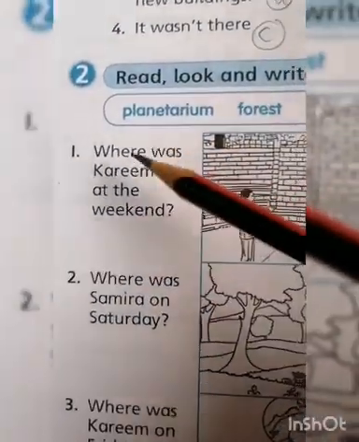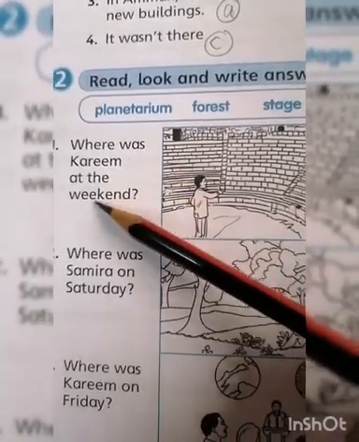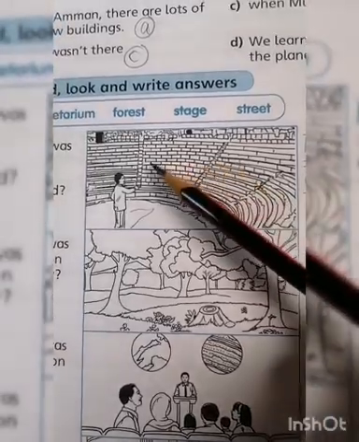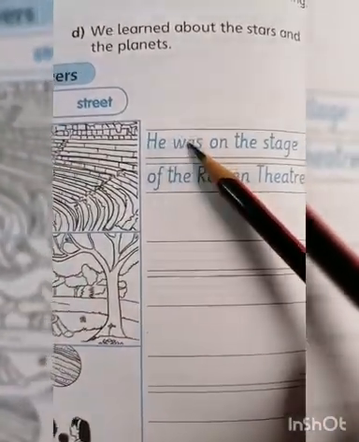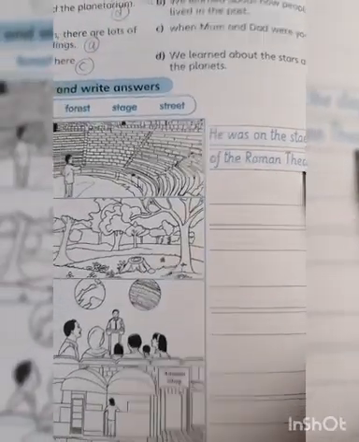Number 1. Where was Karim at the weekend? Look. He was on the stage of the Roman theater.